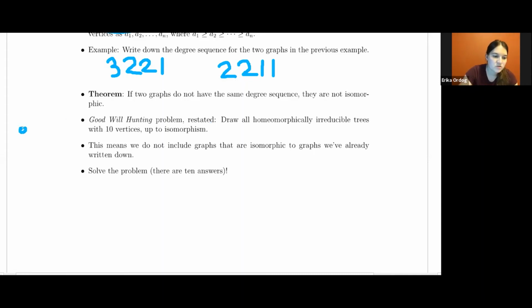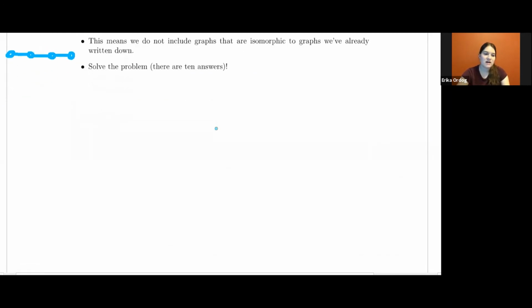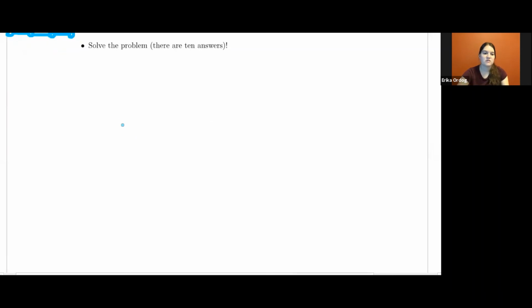So if we've already drawn this graph, we don't want to also include this graph because these are isomorphic to each other. Okay. So now you have enough tools to solve the problem if I tell you that there are 10 answers. So try to write those down. It might take you a little while. And I will skip ahead in the video and write down all of mine.